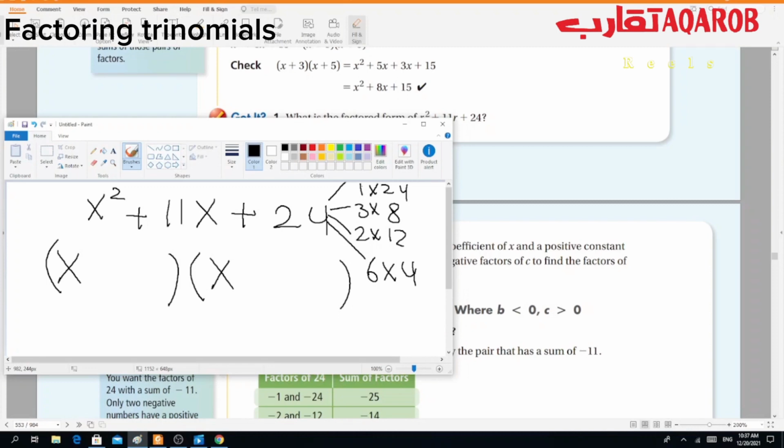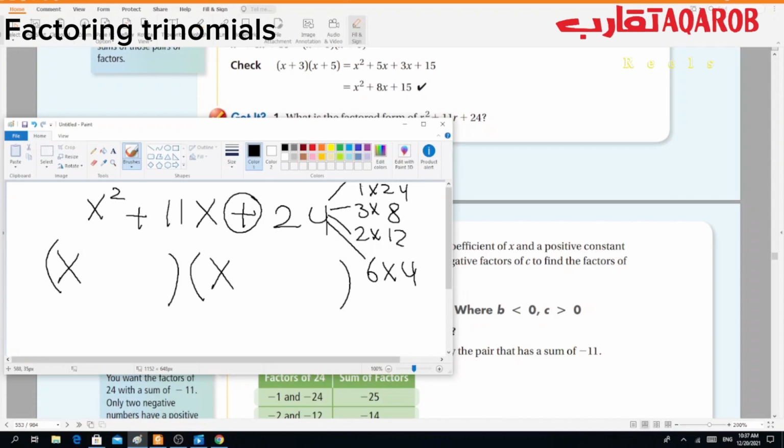First, I have to look at this sign here. Since it's positive, I know that the two signs are the same. Knowing whether it's positive or negative is not decided by the last sign. It's decided by the sign of the midterm, or the term in the middle. So I just know that they are the same.